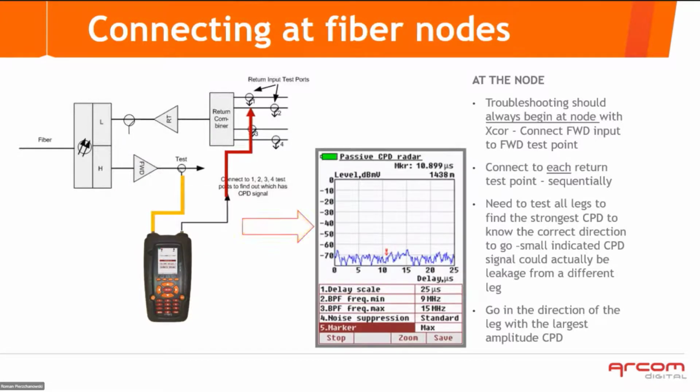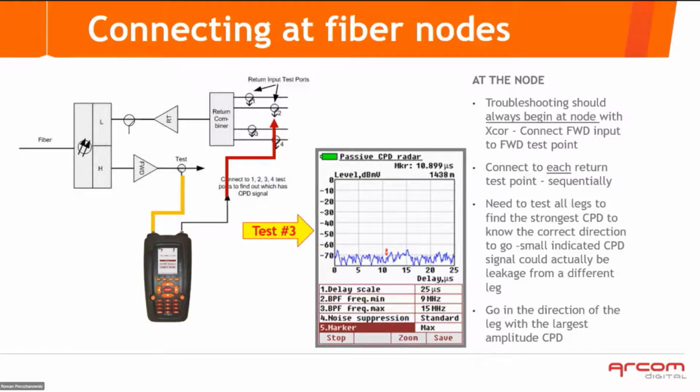So we connect to one leg, we test, and we see nothing. We might want to increase the time delay range in case we work in long distance nodes. We connect to the other port, it's not there.